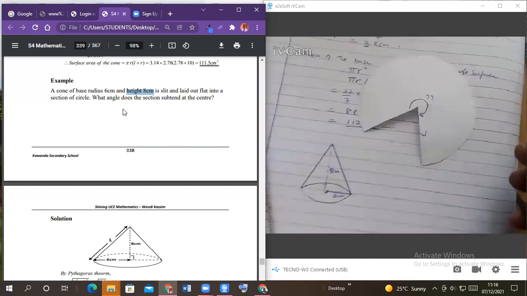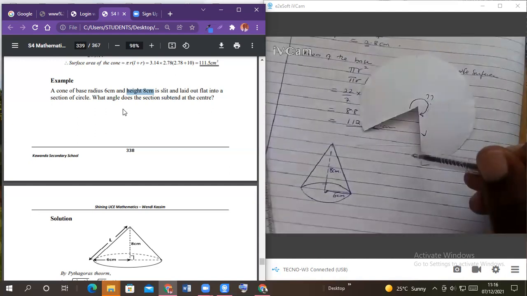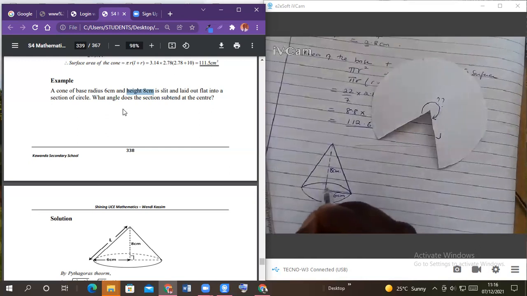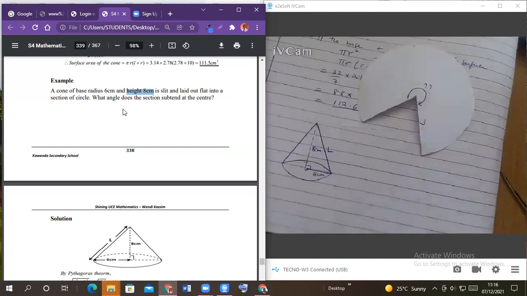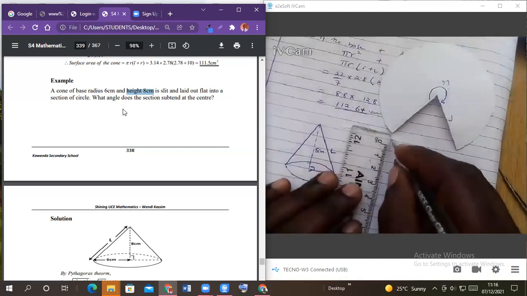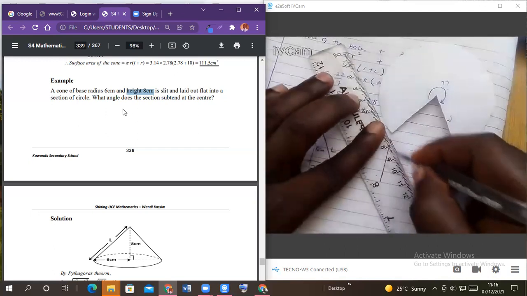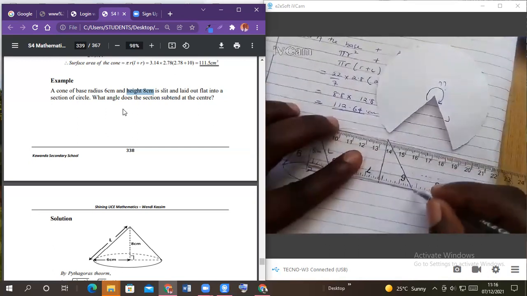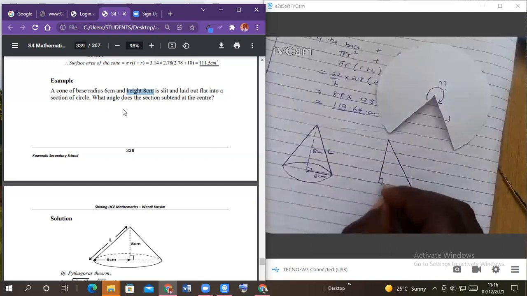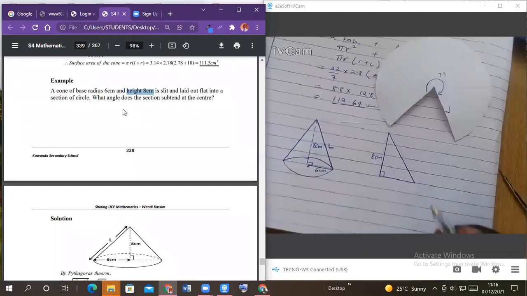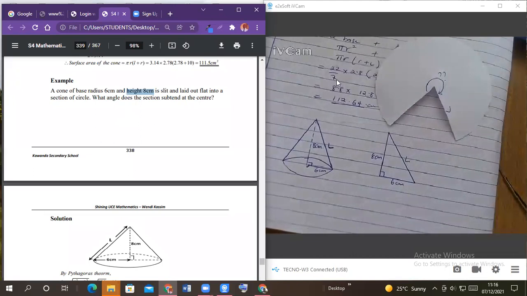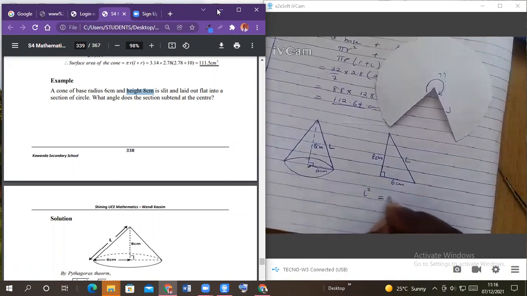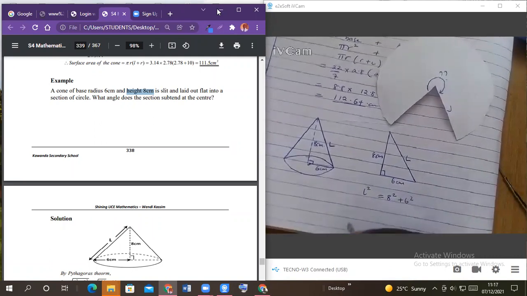In case this session ends, we'll come back and join. But we can first find this length L using Pythagoras theorem. We extract a right angled triangle like that, with 8 centimeters, 6 centimeters, and L. So L squared equals 8 squared plus 6 squared.